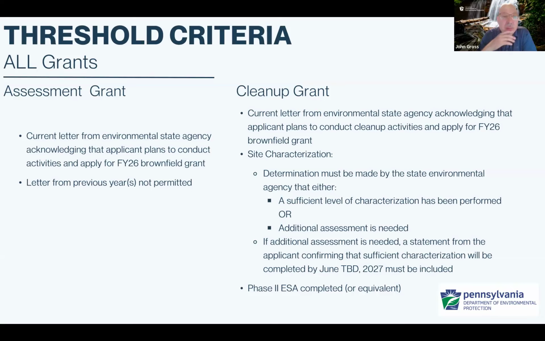You can't use last year's letter for this year's grant. We can generally use the same letter, but we'll have to redo it, get a new signature on it, and refresh it with a new date. Generally speaking, I don't think EPA is real critical about what the letter says. It's basically just saying that the state supports it.